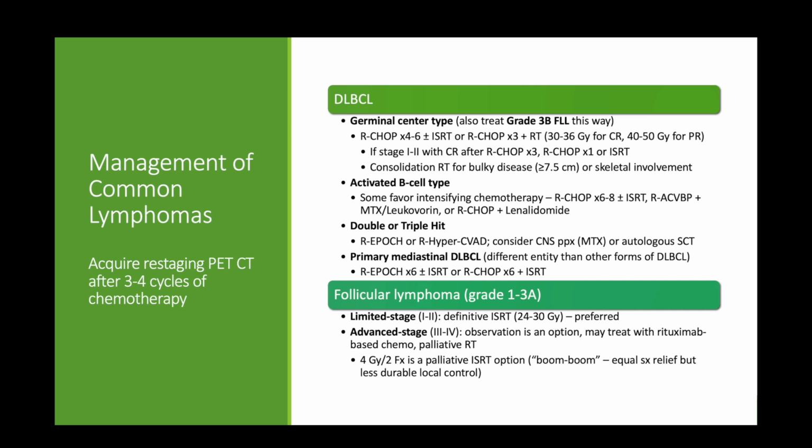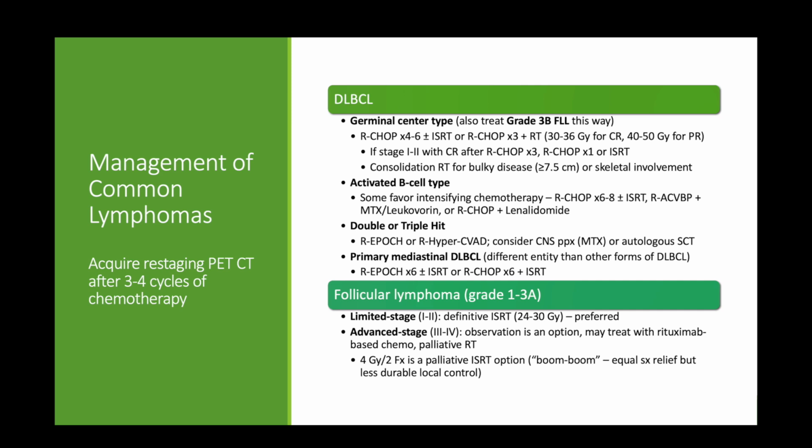For double or triple hit lymphomas, a similar concept, and people might treat with R-EPOCH, which is a more aggressive form of R-CHOP. We just add etoposide in that case, or R-hyper-CVAD. And for double or triple hit lymphoma, they might even consider CNS prophylaxis with something like methotrexate or autologous stem cell transplant.